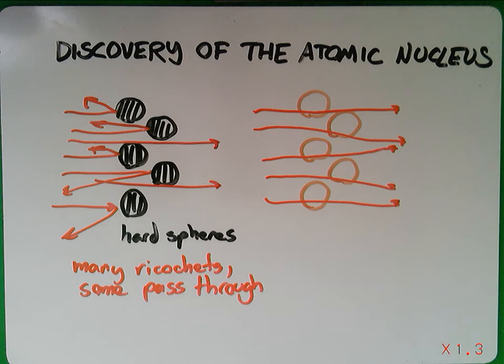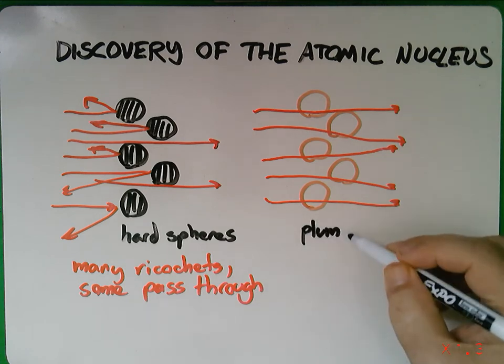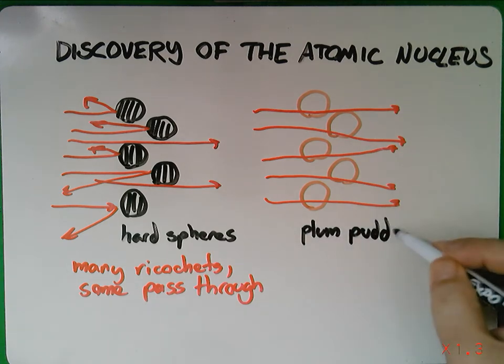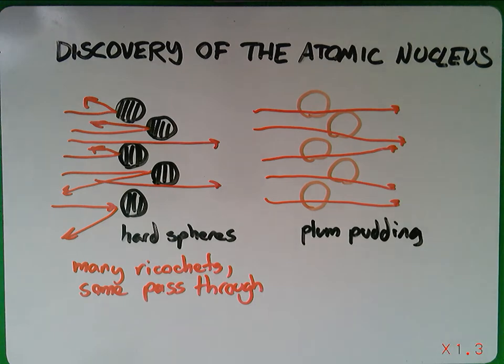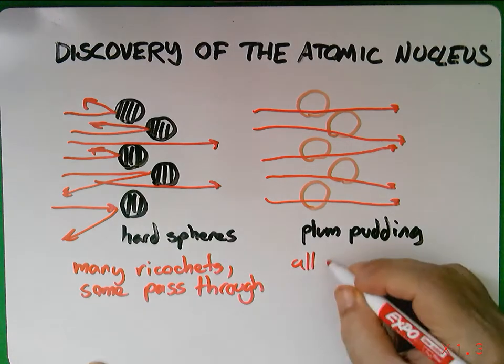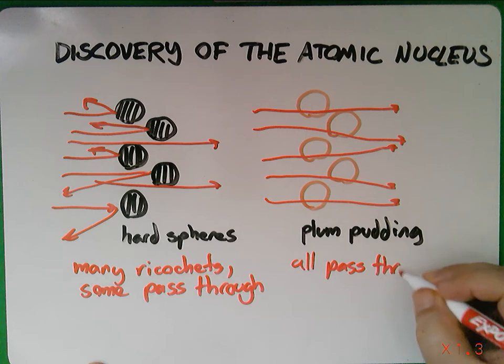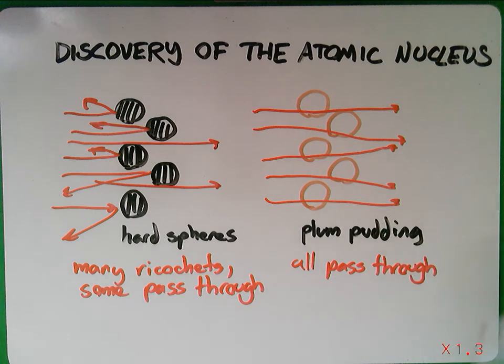So if you have plum pudding atoms, you should see all pass through. So it should be one or the other, depending on which model you've got.